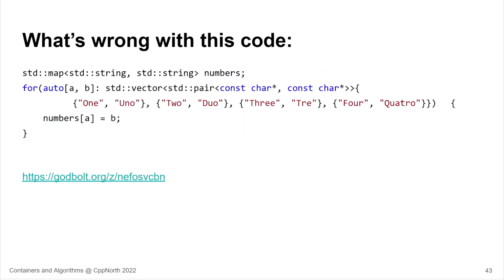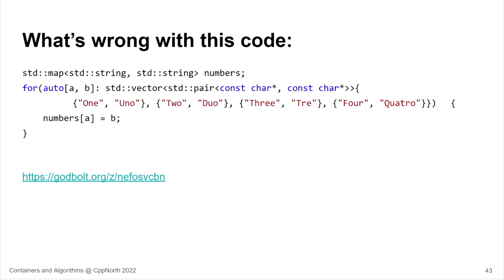What's wrong with this code? If you're looking for dangling references, a temporary that dies, I think that the temporary here is kept by the loop. So we have a temporary vector, but it is being kept by the loop.